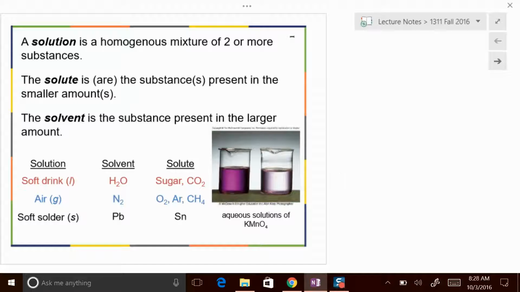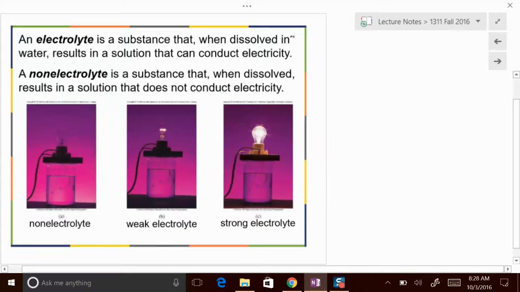Oxygen, argon, very small amount. Methane, very small amount. Carbon dioxide probably is more up there with oxygen. But those are all gases dissolved into air. Solder: lead is the solvent, and it has tin in it. A homogeneous mixture of them becomes solder. So those are examples of these solutions.